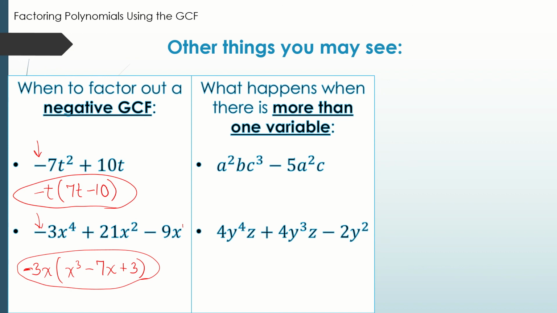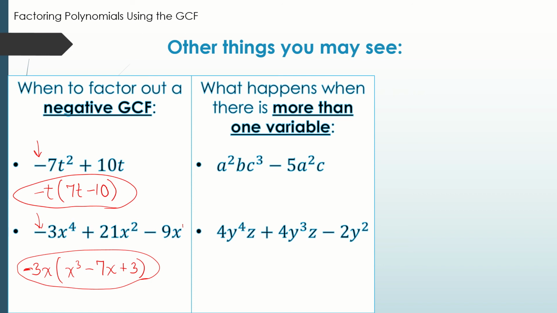What happens when there is more than one variable? It is possible for terms to have more than one variable, and it is possible that more than one variable can be in your GCF. Let's take a look: a squared b c to the third minus 5a squared c. If I look at my coefficients, this just has a 1, that has a 5, so there's no number in common.